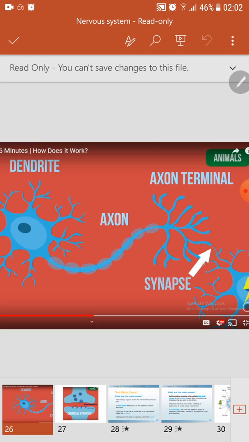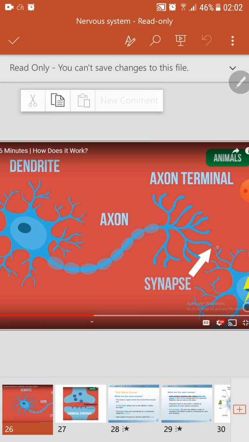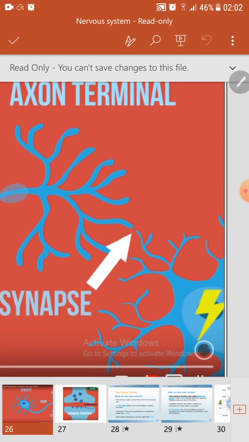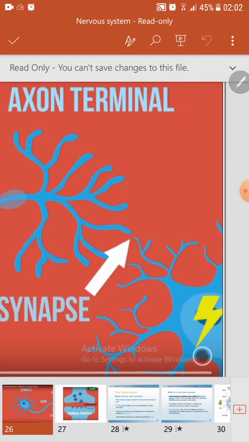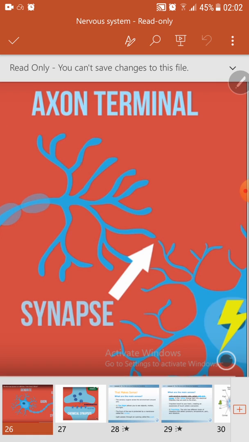Okay, but between the axon terminal and the dendrite there is a gap, as you see here. This area here, as you can see, it looks empty. There is a gap. How can the electric message move?